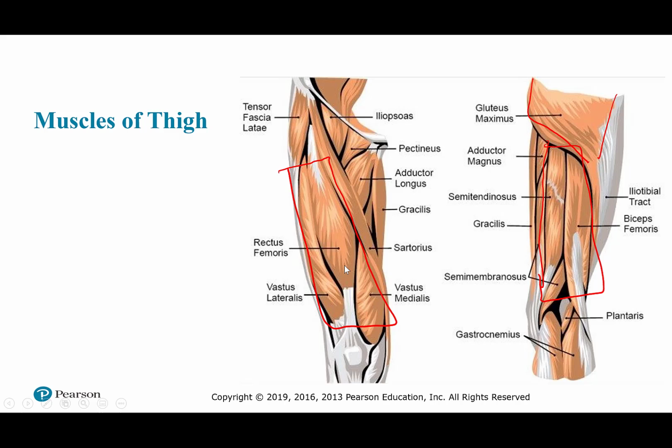It's one straight muscle going down, and it's on the femoral region, so we call that the rectus femoris. And then there are some vastus muscles on the side. We have the vastus lateralis, which is on the lateral side of the leg, and then we have the vastus medialis, which is on the medial aspect of the leg.